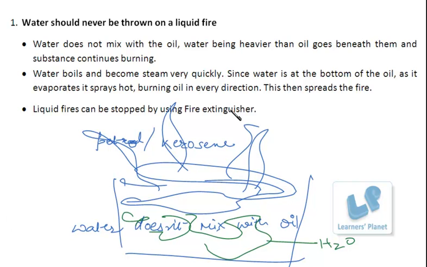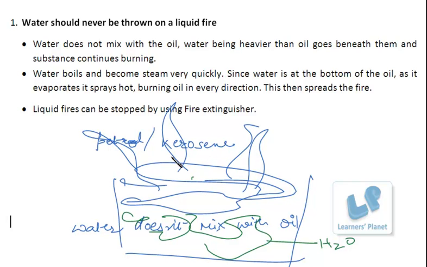So what is happening basically? Say there is a fire due to kerosene or petrol or any other oil or diesel. One should not try to extinguish this fire with water, because when water is splashed over it, what happens? Water and oil being immiscible, that is, they do not mix with each other, and water being heavier, settles at the bottom.